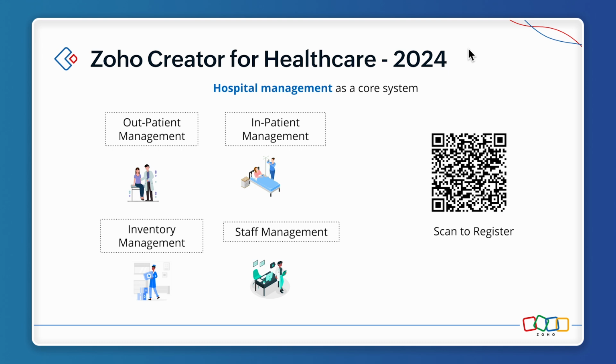If you are interested in understanding Creator as a core system, you can scan this QR and register for the session. My co-trainer will also be sharing the course link, and I'm keeping this open for another second so you can scan this and access the course as well.